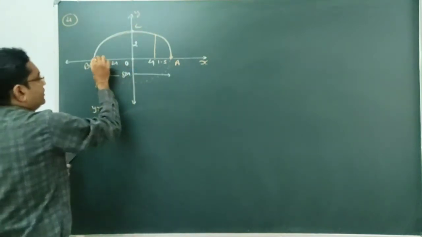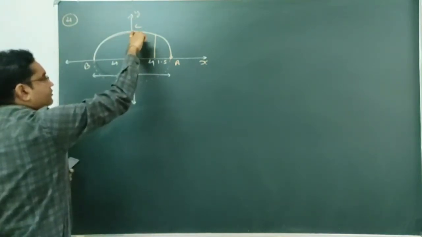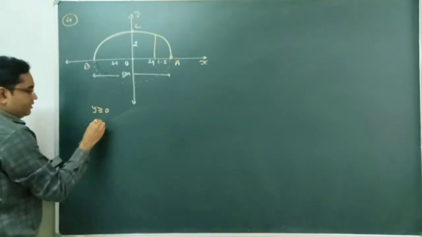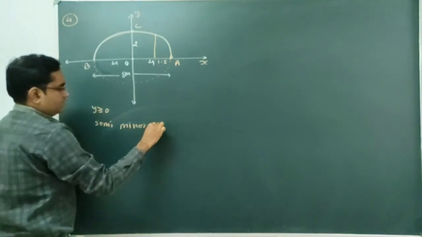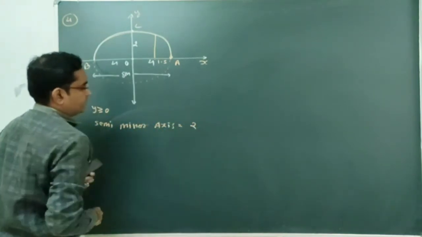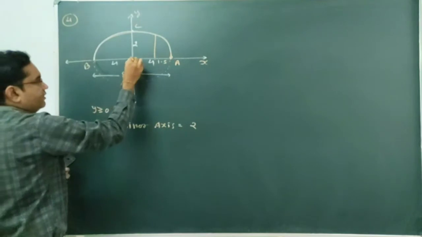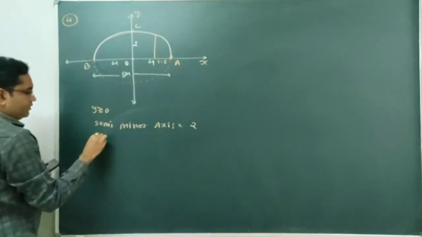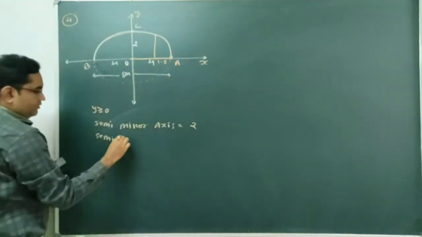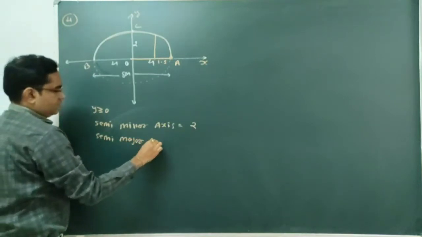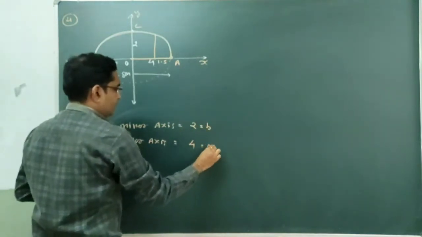So the length of the semi minor axis will be 2 meter, and the length of the major axis will be 8 meter, and therefore the length of the semi major axis will be 4 meter. So this is the length of B, this is the length of A.